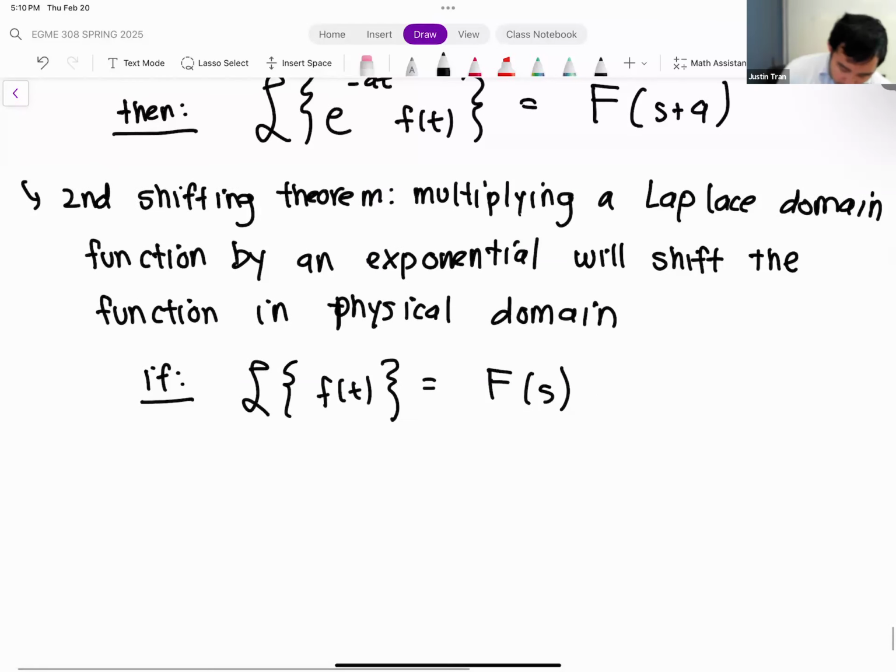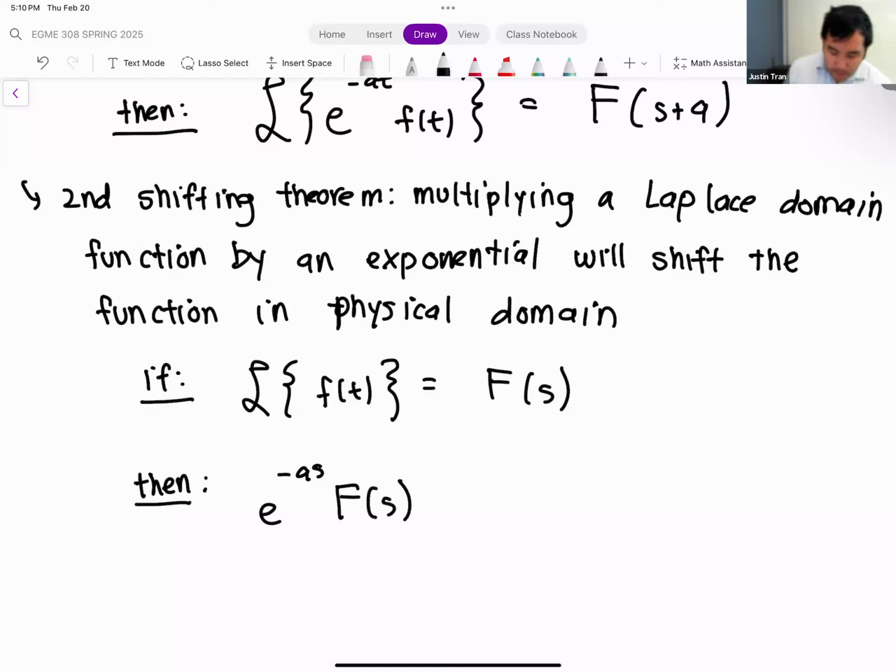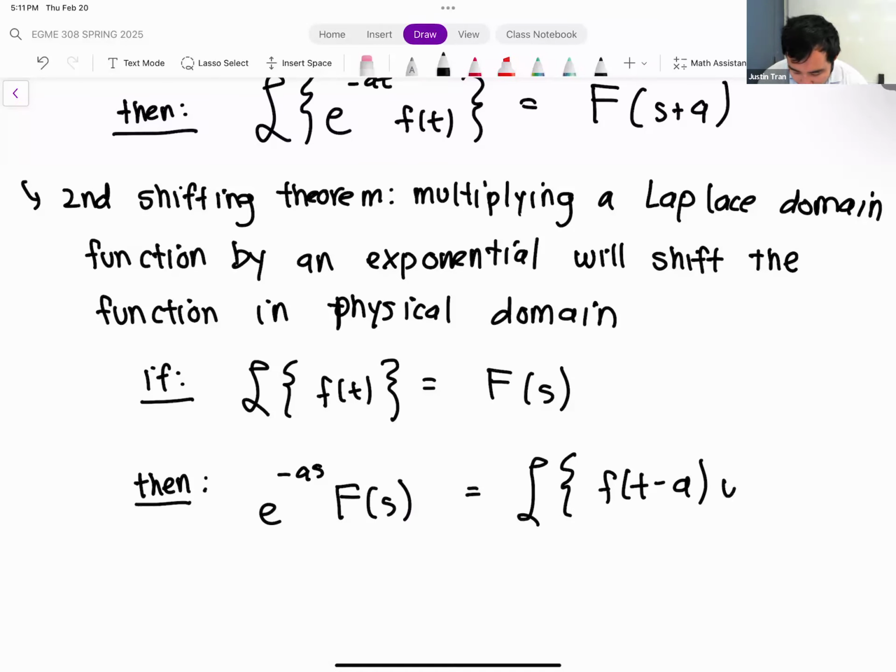Then, if we take e to the minus as times F of s in the Laplace domain, so we basically take our Laplace function and multiply it by an exponential, then this is the Laplace transform of f of t minus a, so we're shifting the time by the same amount that's in the exponent, times the step function u of t minus a.